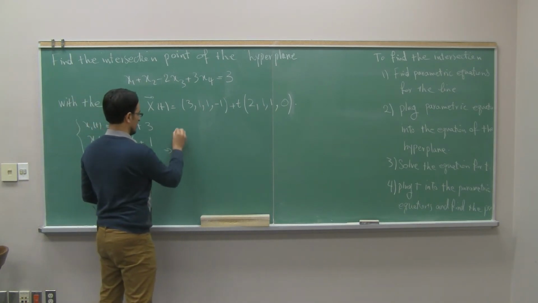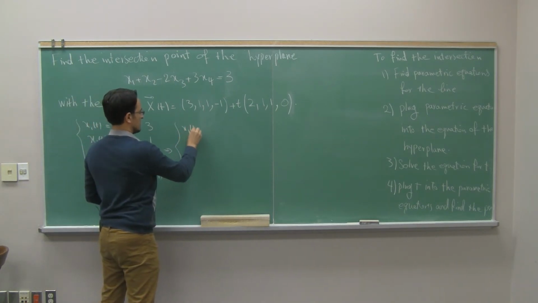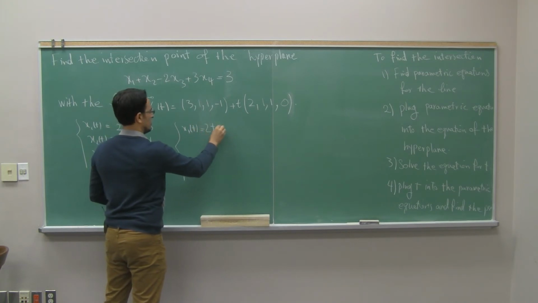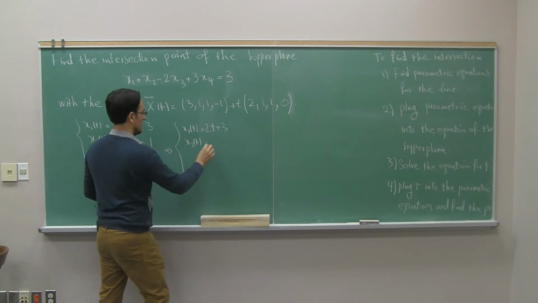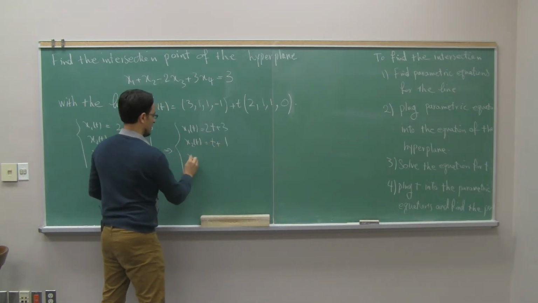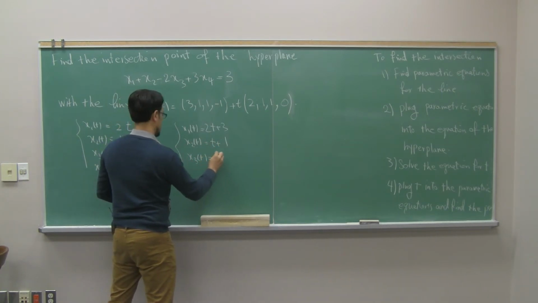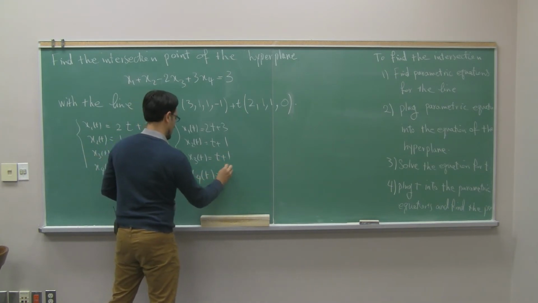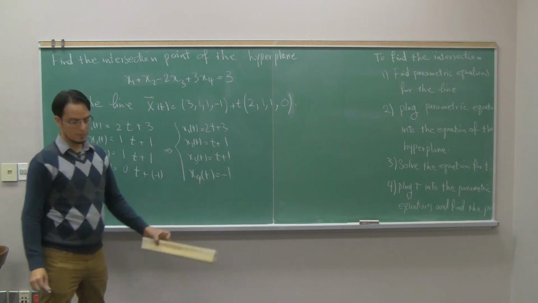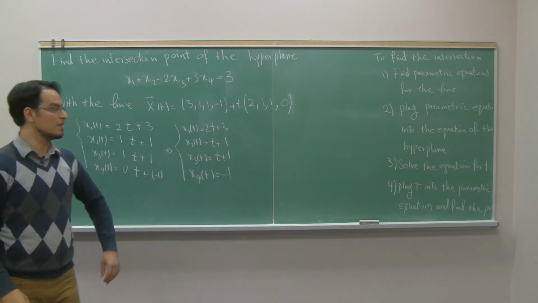Well, OK, then let me just simplify this. x1(t) is 2t plus 3. x2(t) is t plus 1. x3(t) is t plus 1. x4(t) is negative 1. OK, so the first step is done.